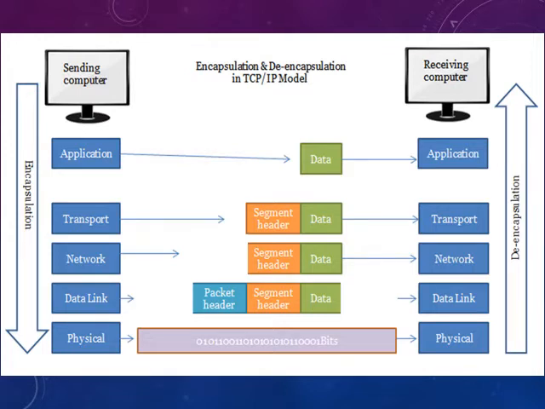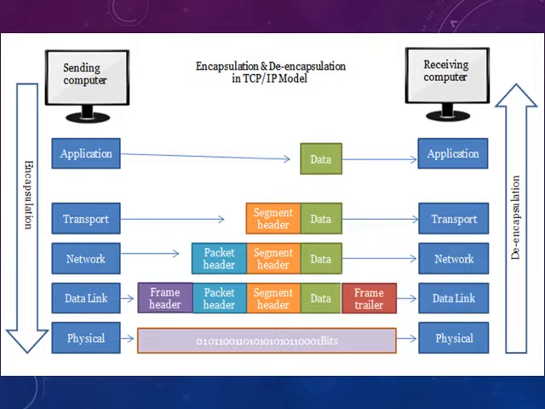Now the segment header and the data move to the network layer, where a packet header is added. Again everything moves to the data link layer. Here a frame header and a frame trailer are encapsulated and it becomes a frame. This frame is converted to zeros and ones and then sent to the receiver side.